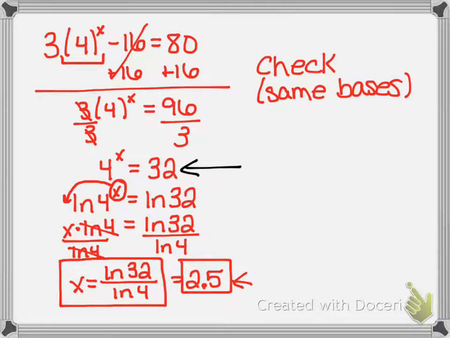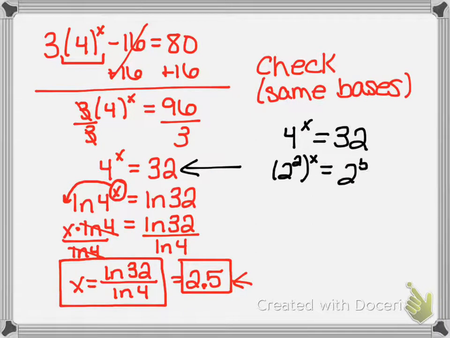And when we got there, what we would have noticed, hopefully, is that this equation, both sides of it are powers of 2. And so we would have rewritten this left side as 2 squared to the power of x, and we would have rewritten the right side as 2 to the power of 5.